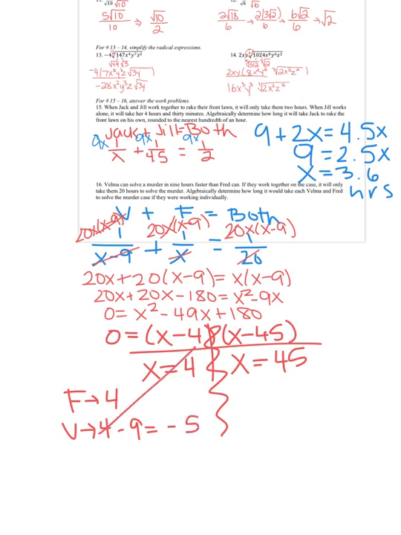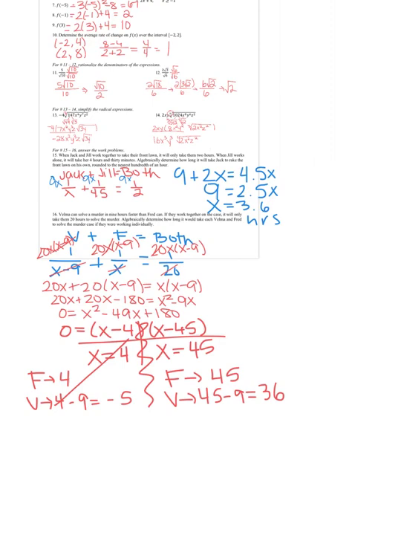So this does not work because it can't take Velma a negative amount of time to solve the murder. Okay, so the other one should work. So if Fred takes 45 hours, then Velma takes 45 minus 9, which is 36 hours, which makes sense. Okay, so Fred, it takes him 45 hours, and Velma, it takes her 36 hours.